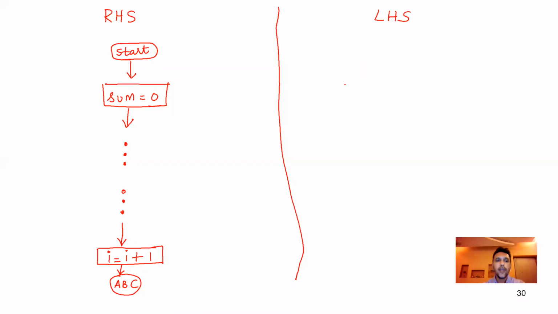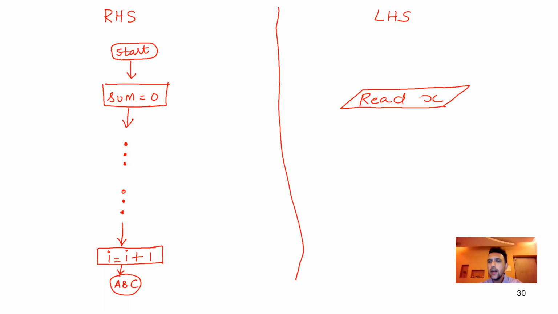Now, listen to me carefully. After I equal to I plus 1, let's say the next statement is something like this: read x, which we write inside a parallelogram. So after turning the page, inside the parallelogram, I will write read x.